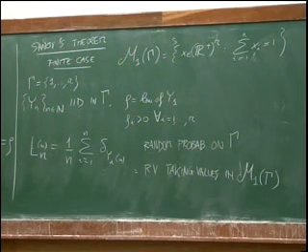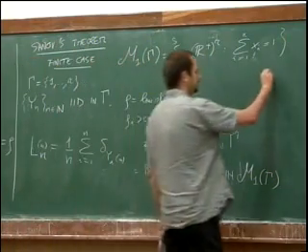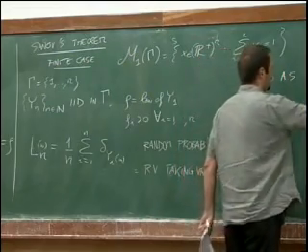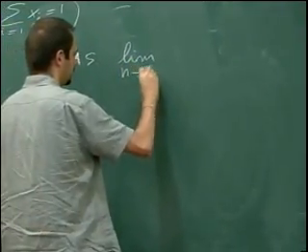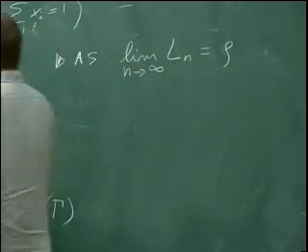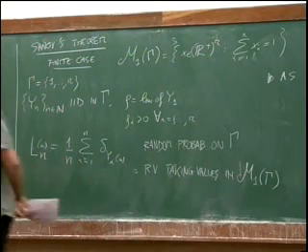Now, what is the nice thing? It's a very easy exercise to show that by the strong law of large numbers, we have the almost sure convergence of this object. First thing, exercise. Almost surely, the limit as n goes to infinity of L_n is equal to ρ. ρ is the law of Y_1.